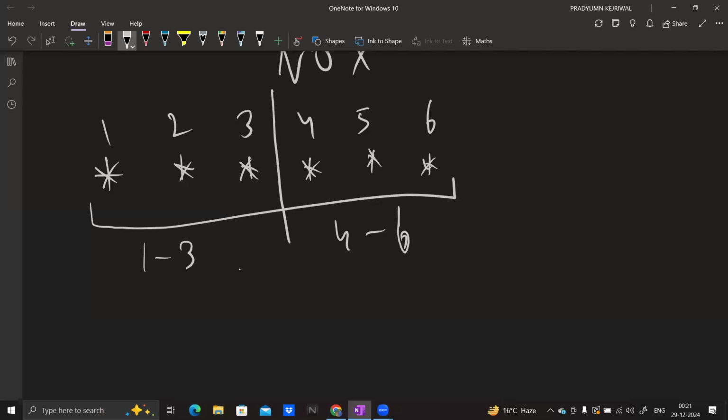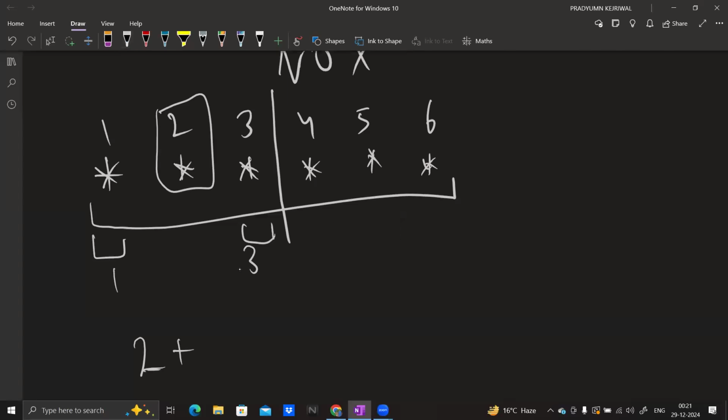In 1 to 3, the middle one is 2, so she adds 2 to the answer. And she again breaks this into two different ranges: 1 and 3, and then observes them again.